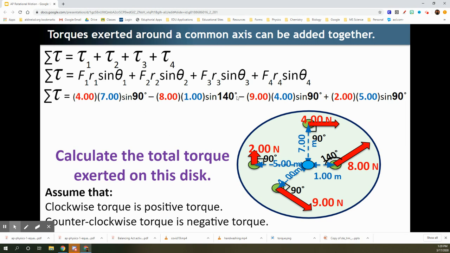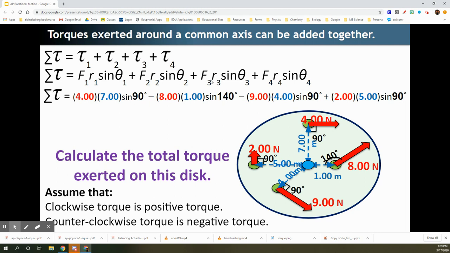Over here, for torque 2, it's at sine of 140. So if I drew that, sine of 140 is pointing in that direction. If I look at the y components, because there is a y component, the y component of that force would be moving counterclockwise. So that's why they put a negative sign in front of torque number 2.